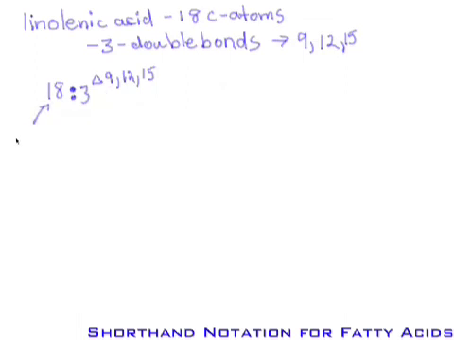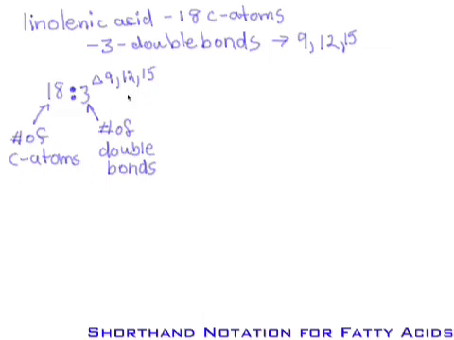So this is the number of carbons. This is the number of double bonds. Delta indicates the presence of double bonds.